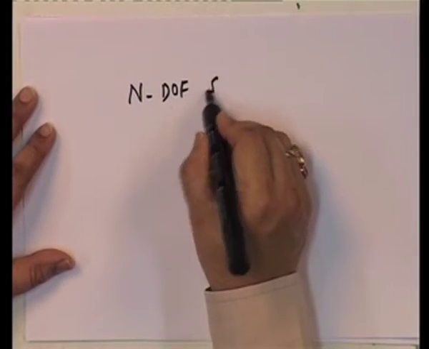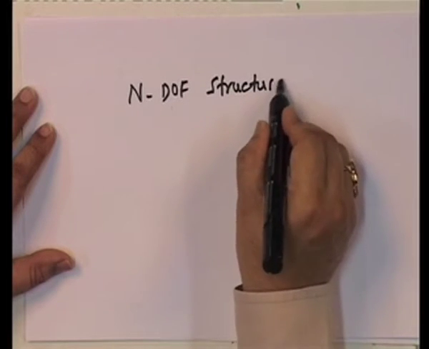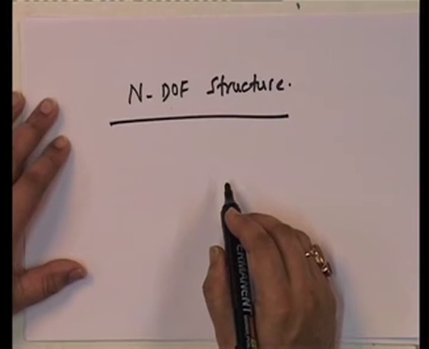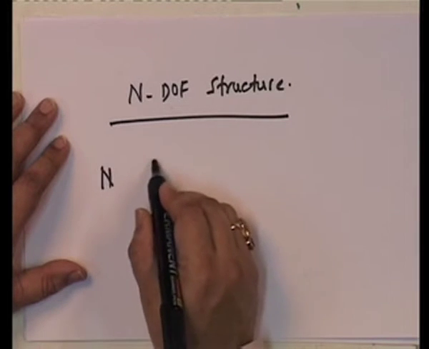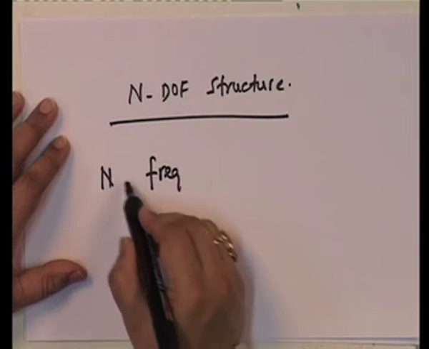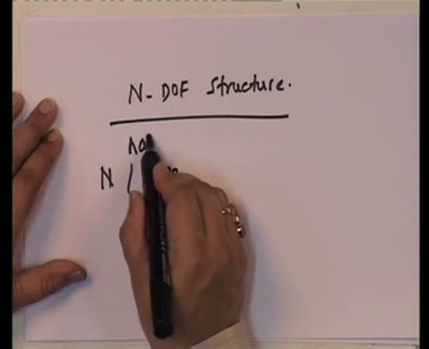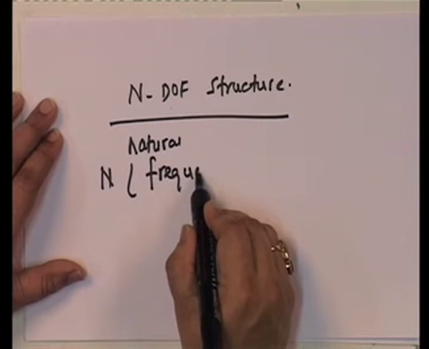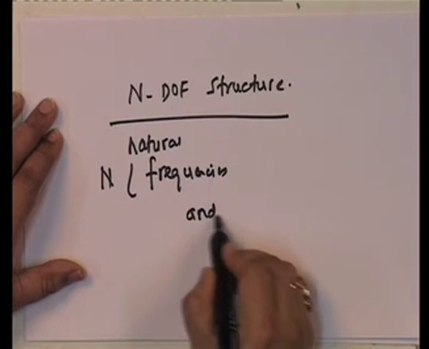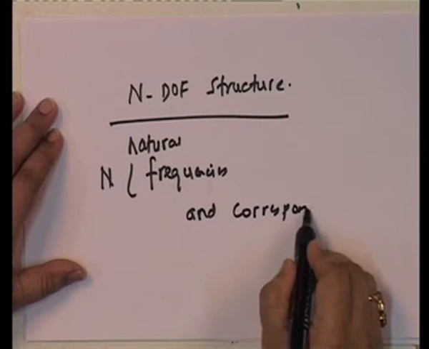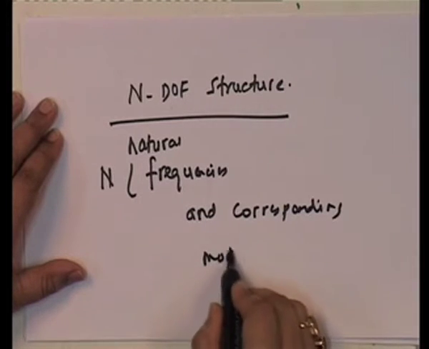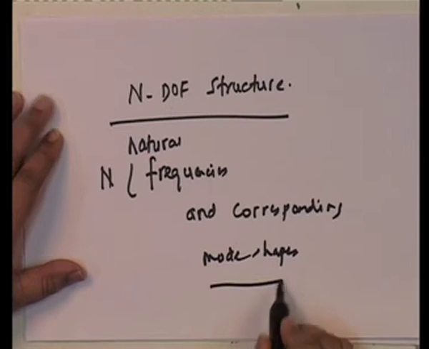Okay. So, therefore, the question then becomes this, that if I have an n degree of freedom structure, I get n natural frequencies and corresponding mode shapes.